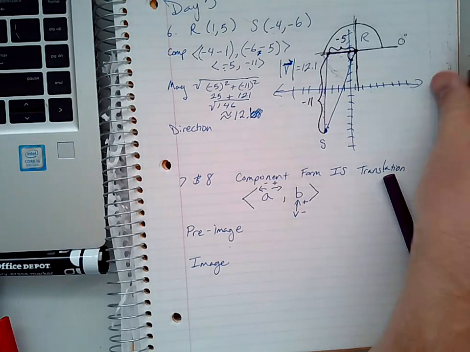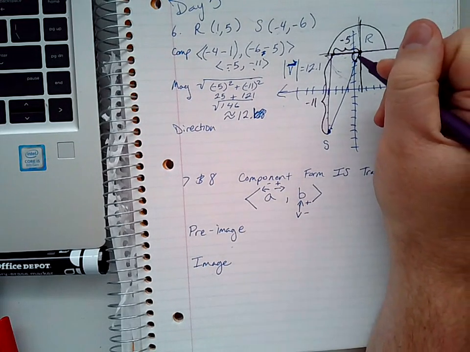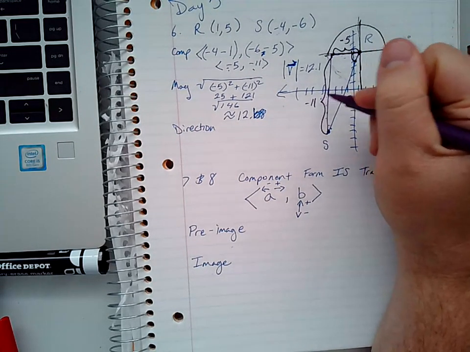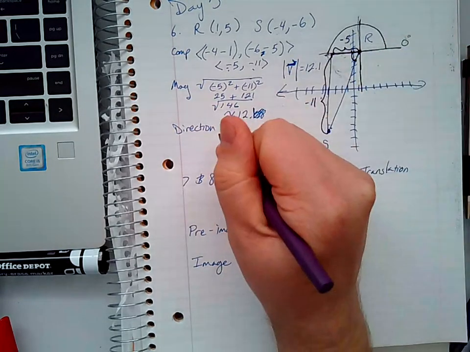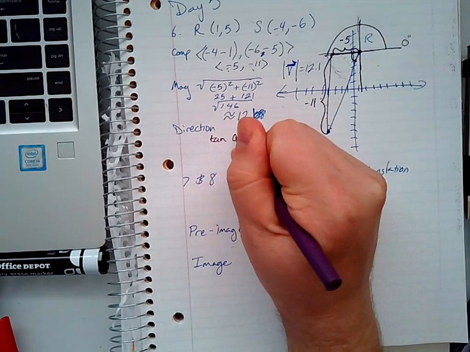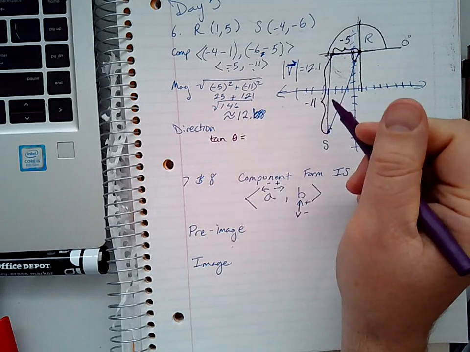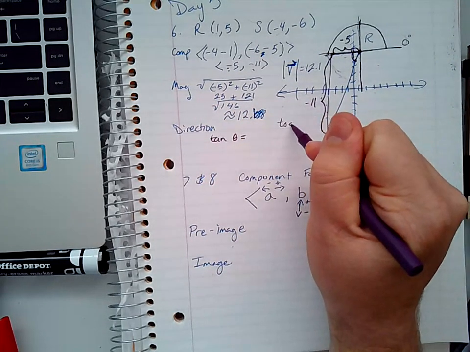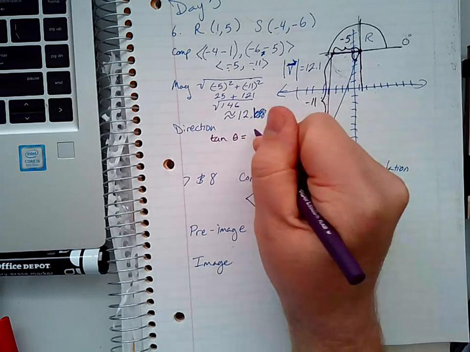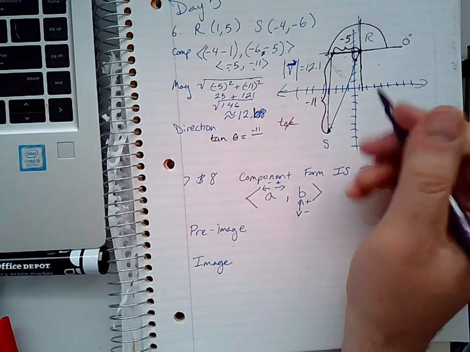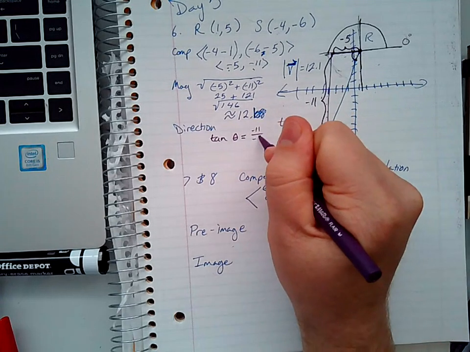Okay? So how do we find that? We know that we have adjacent and we know we have opposite, so we're going to do tangent. So tangent of theta is going to be equal to, what is it, TOA, right? So opposite over adjacent. So opposite is going to be negative 11. Adjacent is negative 5.